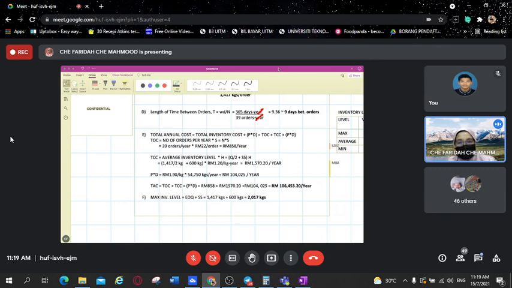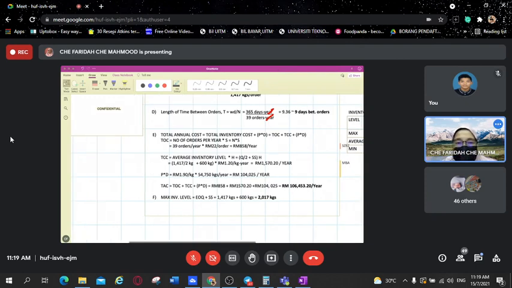Ordering cost and carrying cost. But if the question asks total annual cost, you have to consider the cost of purchasing the entire units in a year. That's why we multiply P with D. So P is the purchase cost.